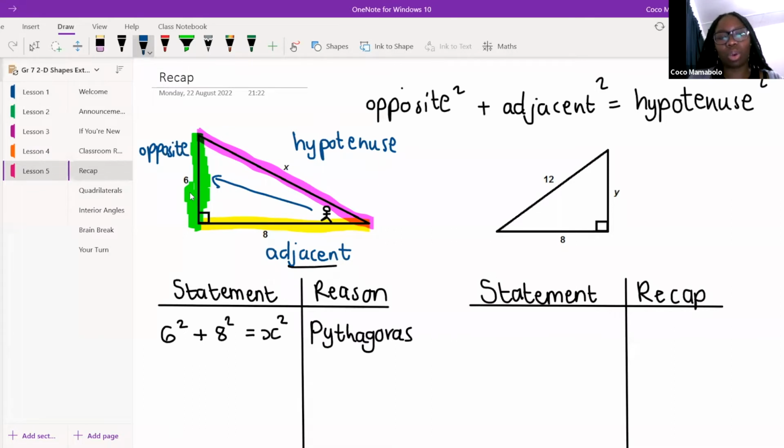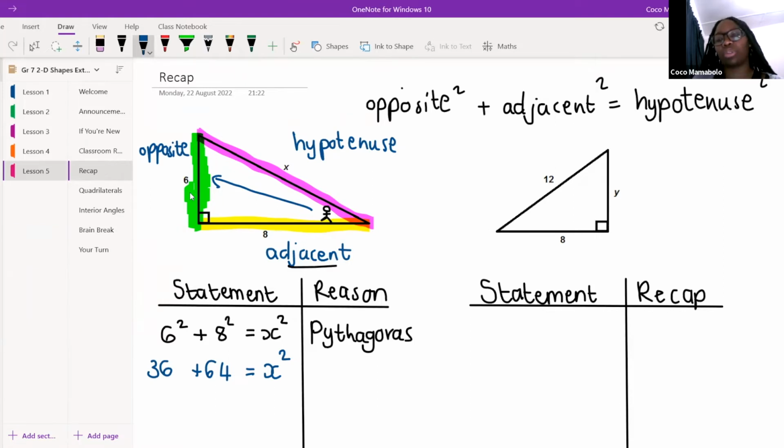So what's 6 squared? 6 squared is 36. Good. 36 plus 8 squared, which is? Plus 64. Good. Is equal to? X squared. Excellent. And then all we have to do is add the two numbers together. What is 36 plus 64?